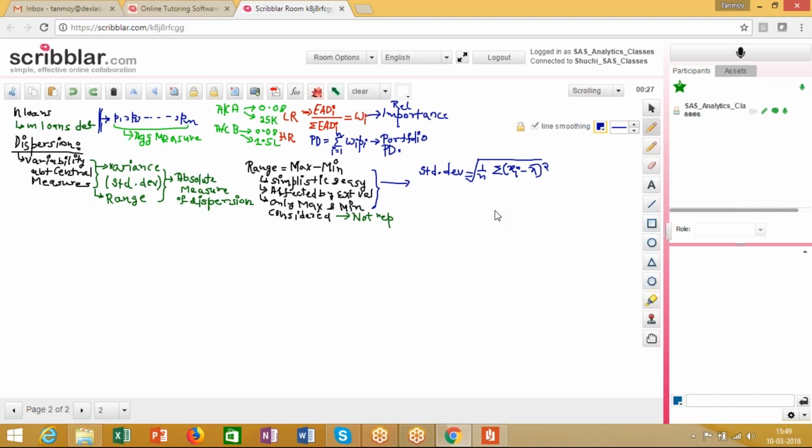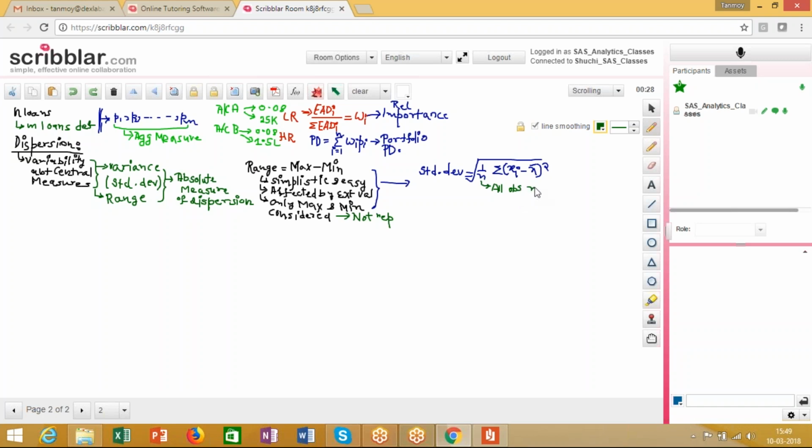So the first and the most important advantage is that it considers all observations in reporting the dispersion. Therefore, I can say that the entire data set or the entire distribution is reflected in reporting the measure of dispersion.